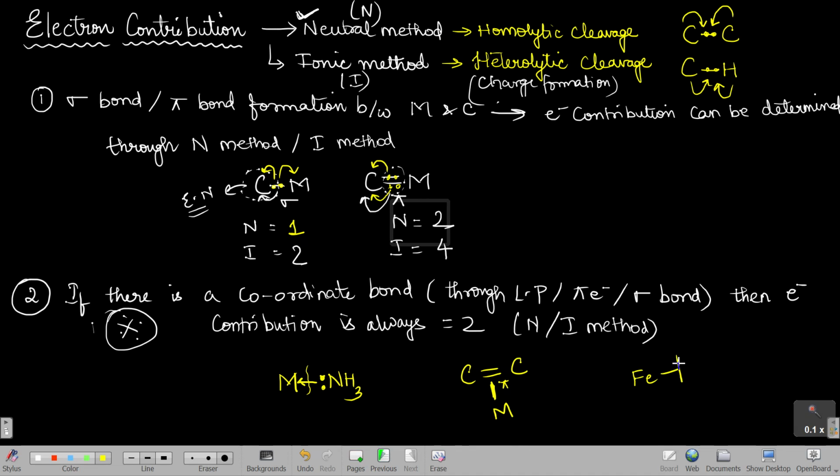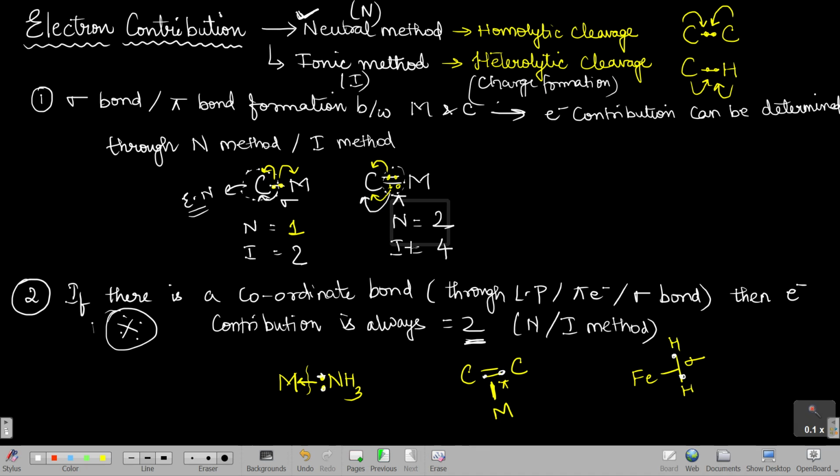Or we also saw this example wherein the sigma bond of hydrogen is donating its electron to the metal. In all these cases, these 2 electrons that are being donated to the metal should be considered as the electron contribution. So, the ligand is contributing the 2 electrons that it has in the bond.